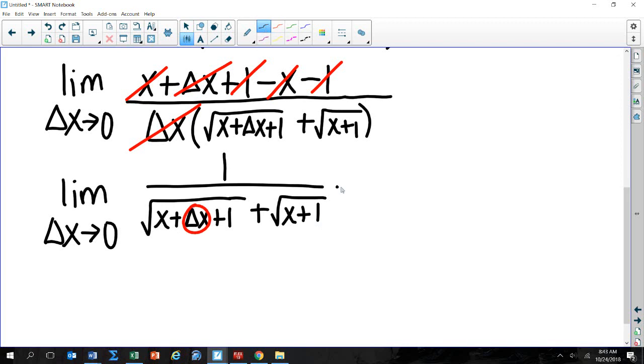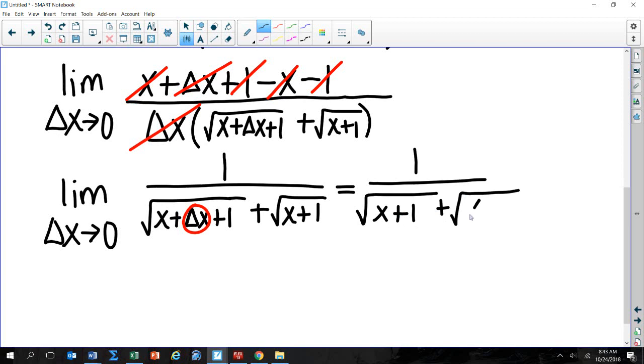So I'm going to end up with 1 over, this would just end up being x plus 1 underneath the radical, and then this will be another x plus 1. So if I have one of the radical x plus 1s and then another one of the radical x plus 1s, how many radical x plus 1s do I have? 2. Okay, so I have 1 over 2 square root of x plus 1.